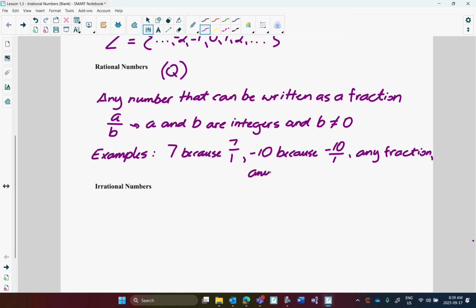And any decimal, because decimal is just another form of fraction, that ends or repeats.